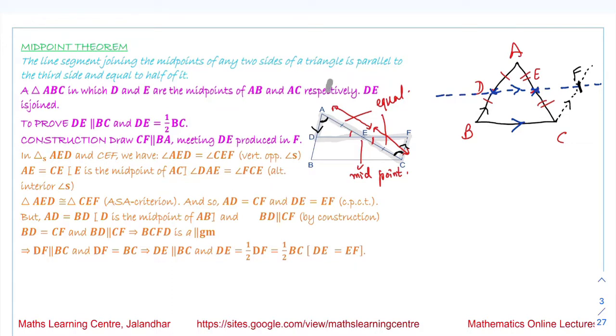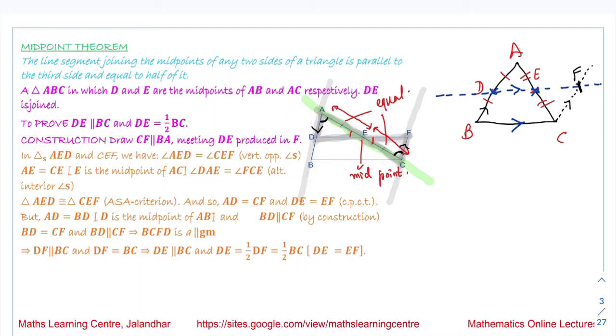this line AD and this line CF are parallel to each other, and AC is the transversal. So we have angle A equal to angle C. So these two triangles, the triangle ADE and the triangle CEF, are congruent to each other by ASA criteria.